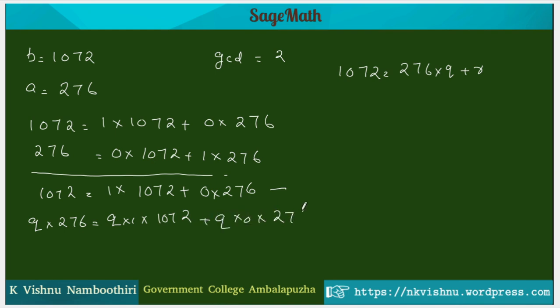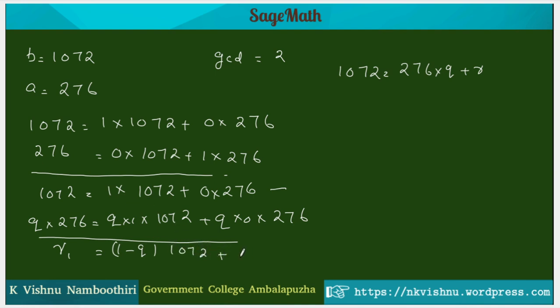The remainder that we are getting for the first step, call it R1. Now 1072 is common, therefore it's going to be 1 minus q. So only on the coefficients of 1072 and 276 are we performing computation.